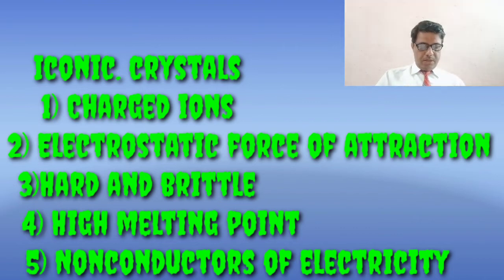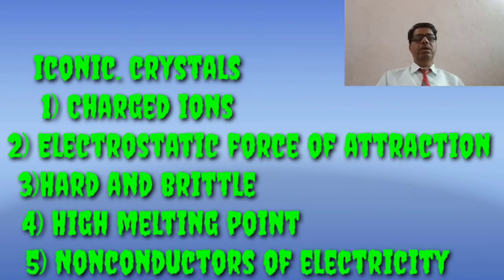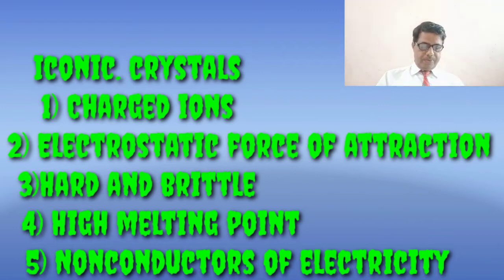Now students, the last property: they are non-conductors of electricity in the solid state. However, when they are melted or dissolved in water, as with NaCl or KCl, they carry current, and there is a flow of electricity in the solution of the ionic compound.